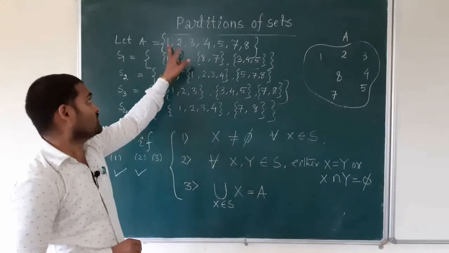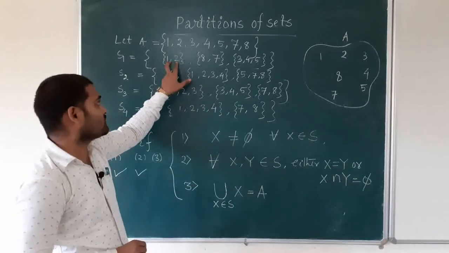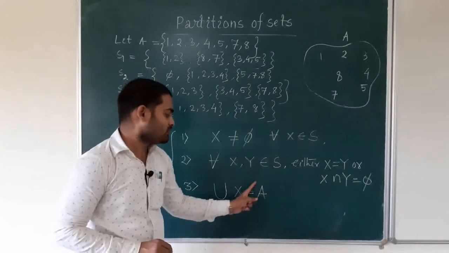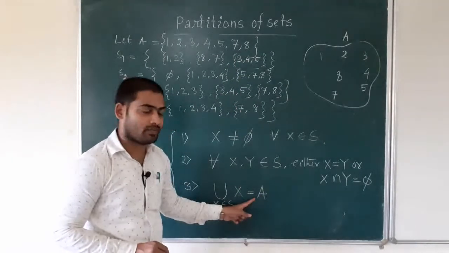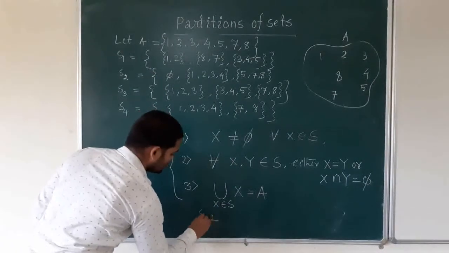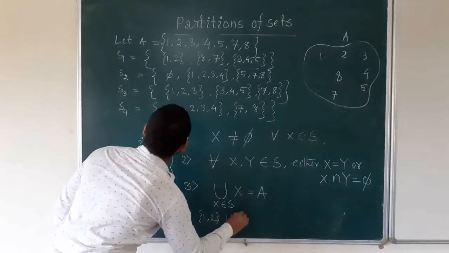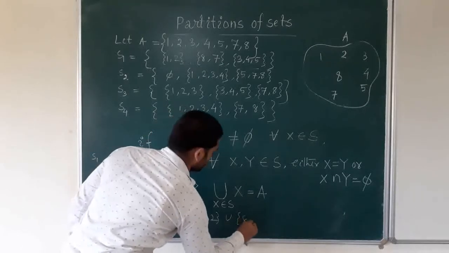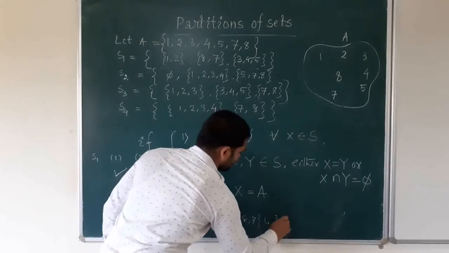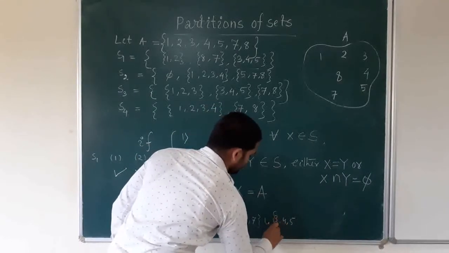Now the union of these subsets must be the set A. So find the union of {1, 2}, {8, 7}, and {3, 4, 5}.